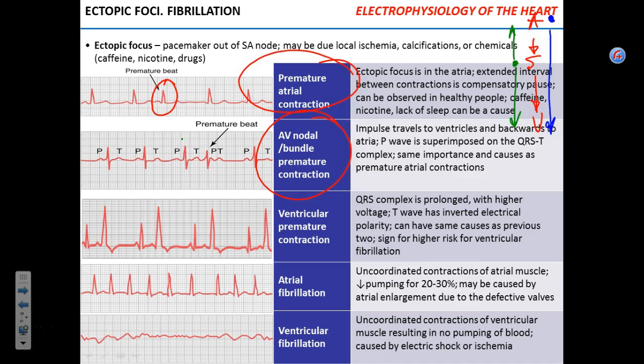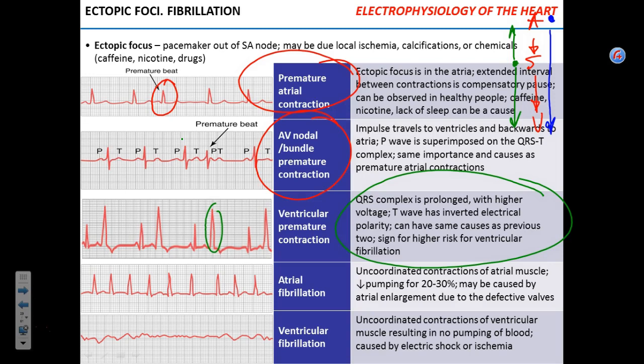So you're going to have a little bit of an unsynchronized atrial and ventricular contraction. And then ventricular ectopic focus, premature ventricular contraction. It has an interesting feature. The T wave has an inverted polarity. Just flip back.